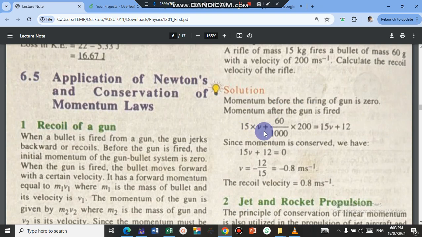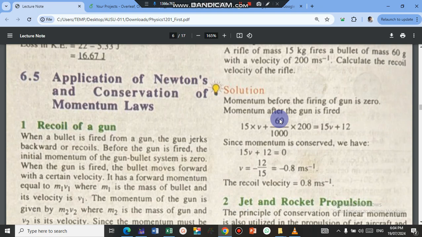We don't know its velocity, so we use V, plus the mass of the bullet, but we have to divide this by 1000 to change it to kilogram because it is given in gram. This one is given in kilogram, no need for conversion. This is in gram, we have to divide by 1000, and this is why you see this divided by 1000. Then this is the mass of the bullet. Then here is the velocity of the bullet. We multiply this.